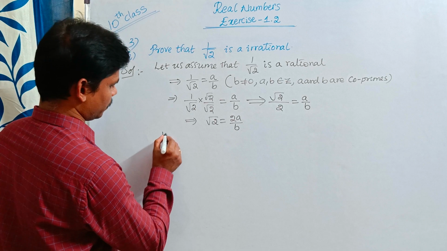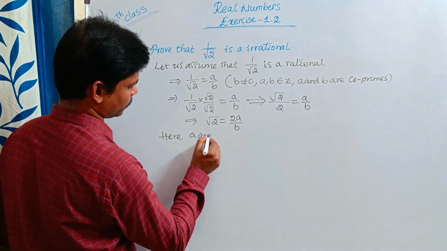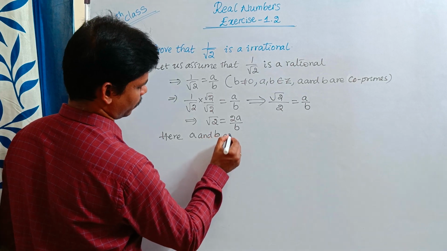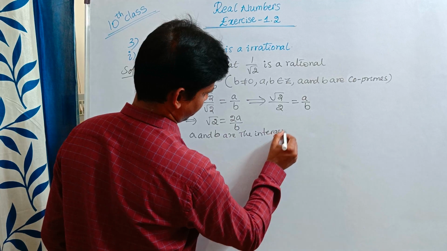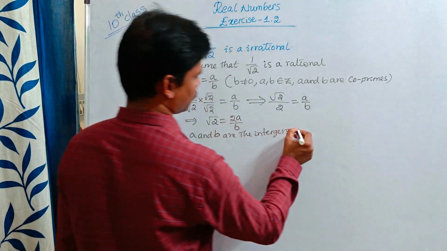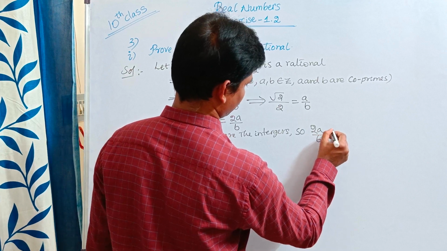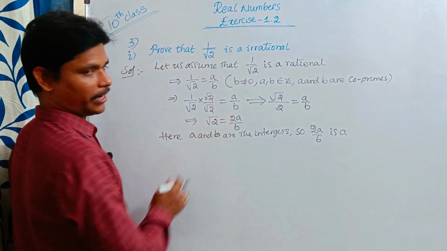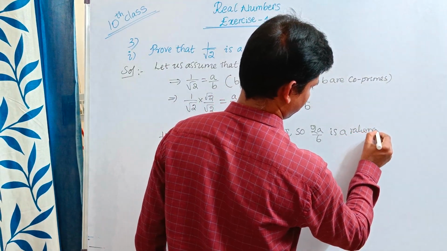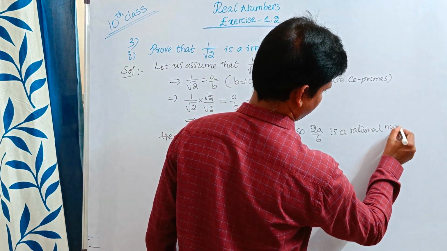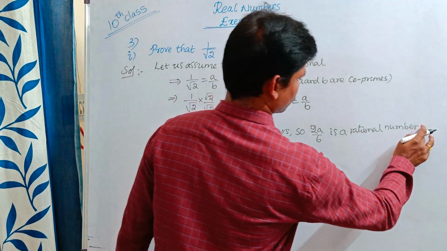Okay. Here a and b are the integers. And 2a by b is a rational number. Okay.